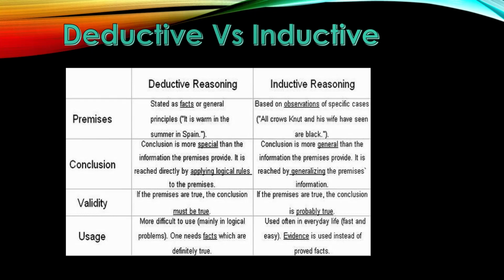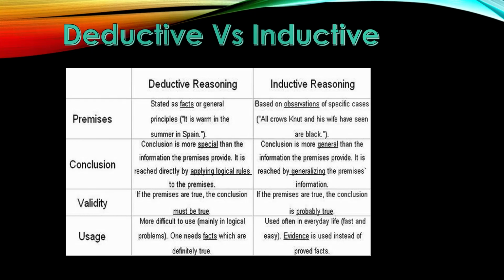Otherwise, in deductive reasoning, facts or general principles are stated, whereas inductive reasoning is based on certain observations or specific cases. Here there is an example. It is warm in the summer in Spain: that is deductive reasoning. All crows Newt and his wife have seen are black: that is inductive reasoning. Saying about the conclusion, in deductive reasoning it is more specific, but the inductive conclusion is more generalized in nature.